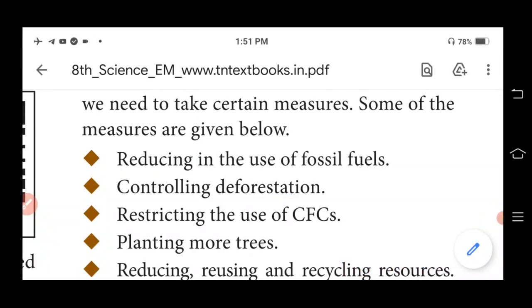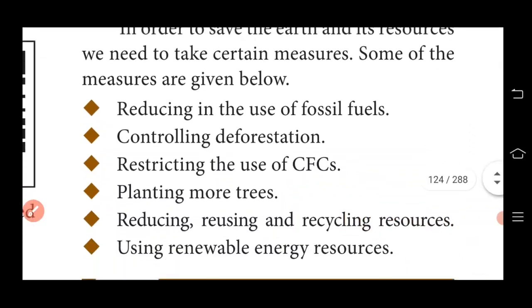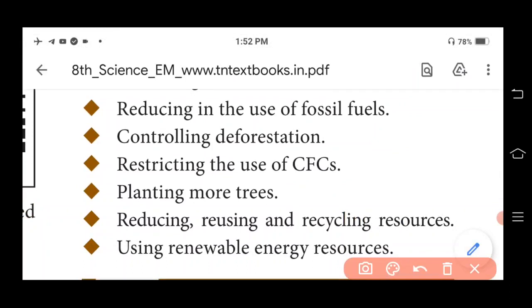We must restrict the use of CFC, which means chlorofluorocarbons released from refrigerators, and plant more trees, which is afforestation. We should also reduce, reuse and recycle resources, avoid the usage of plastics, and use renewable energy sources.